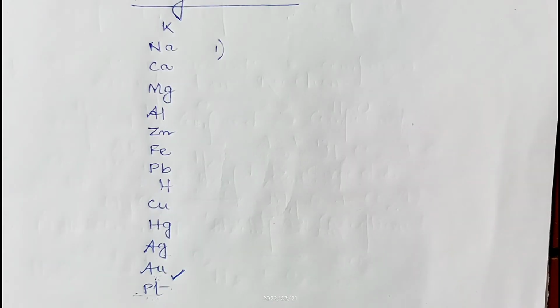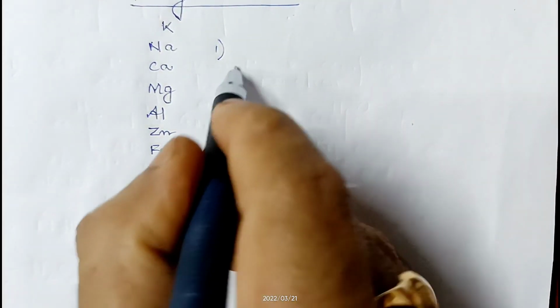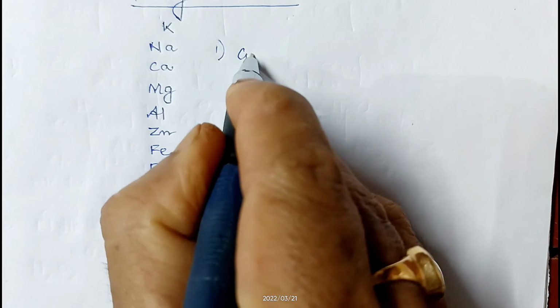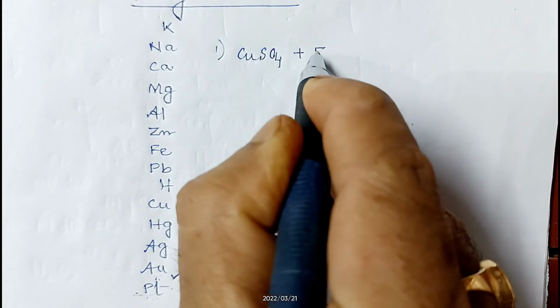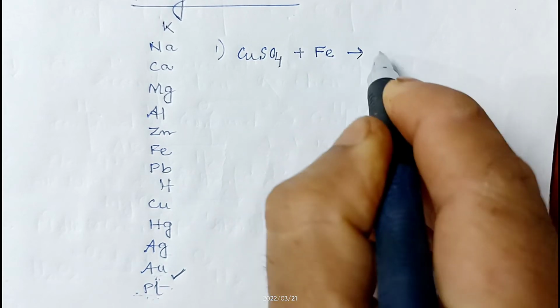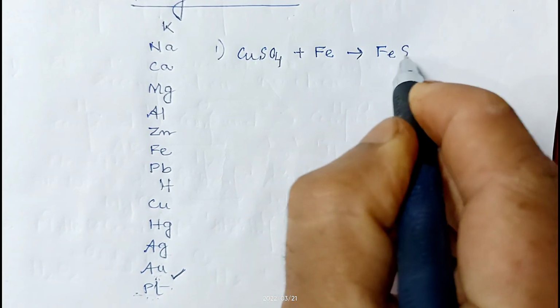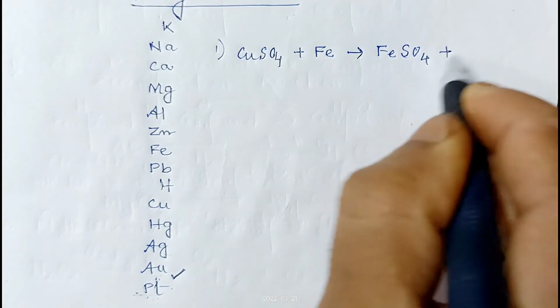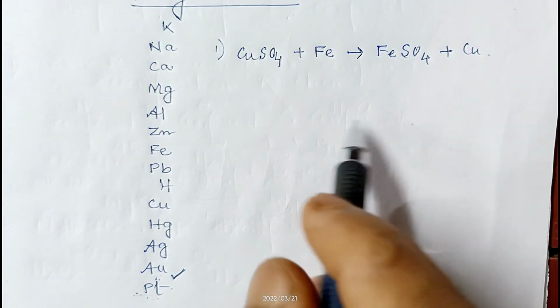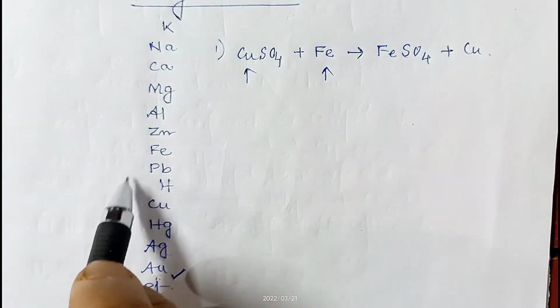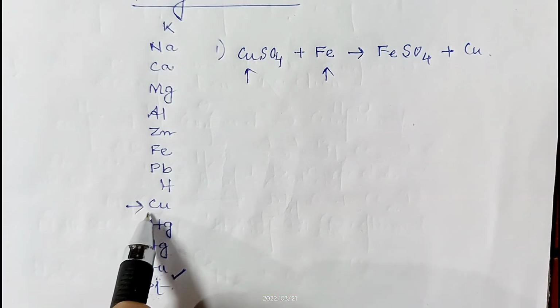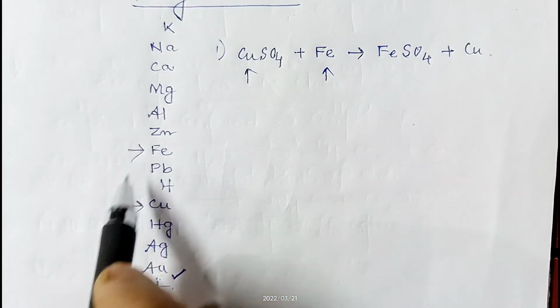Now let me discuss a few examples. Suppose copper sulfate, CuSO4, reacts with iron, it is going to form iron sulfate and copper. Now if you compare copper and iron in the activity series, you can see this is the position of copper and this is the position of iron.